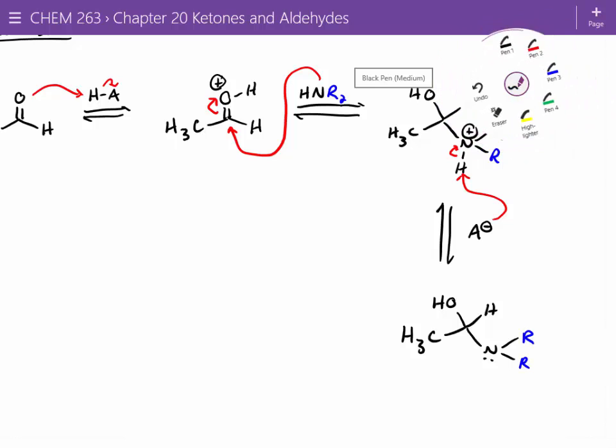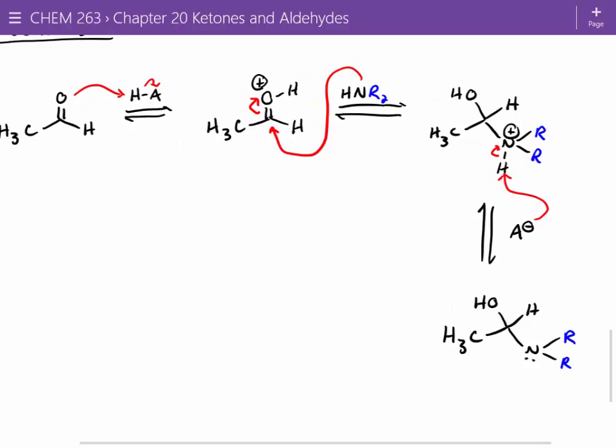What do you guys think the next step is? Protonation of the alcohol, right? We want to turn that alcohol into a good leaving group. And we just regenerated our acid, so we'll take the proton back from the acid.